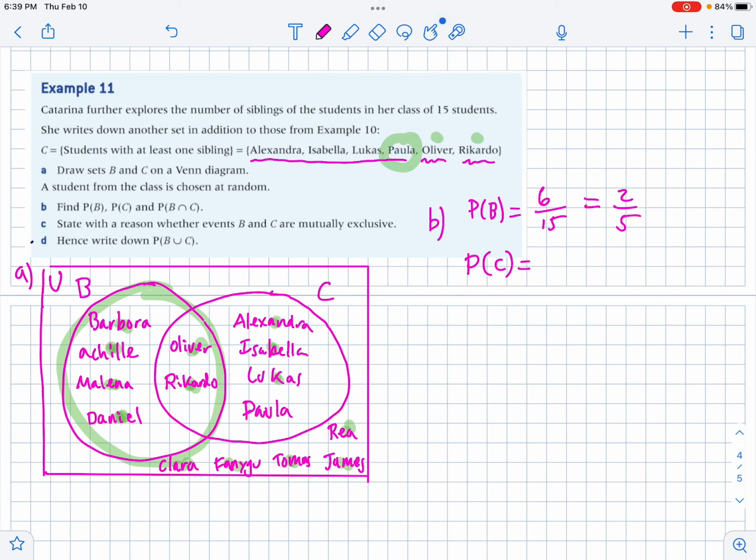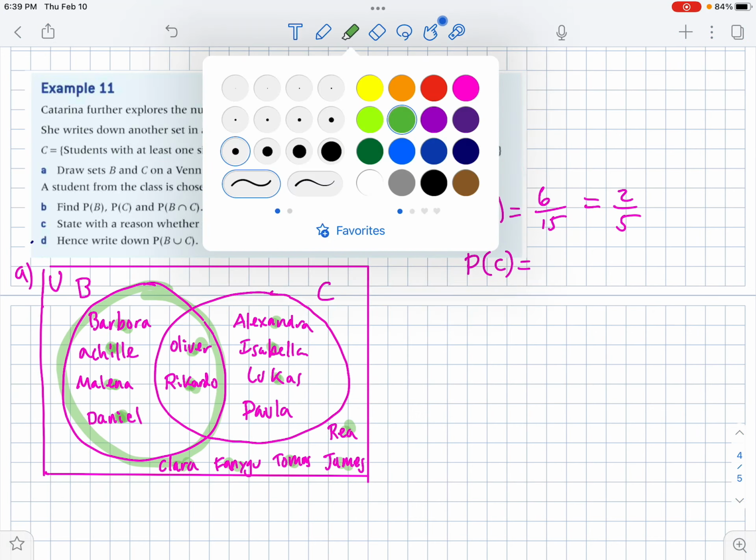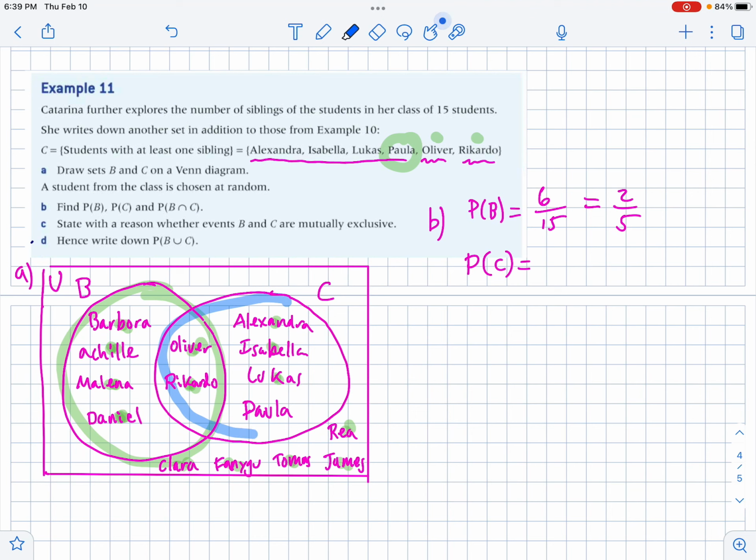The probability of C is going to be all of C, which is this entire circle, which is 1, 2, 3, 4, 5, 6. That's also 6 out of 15. So that's 2/5 as well.